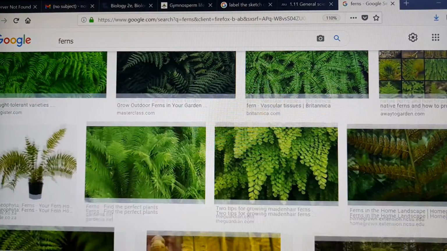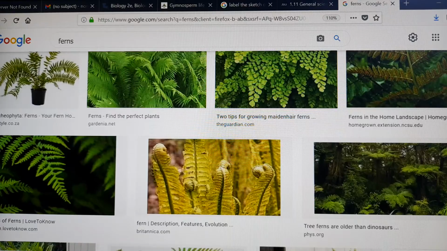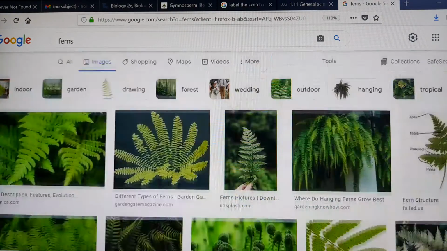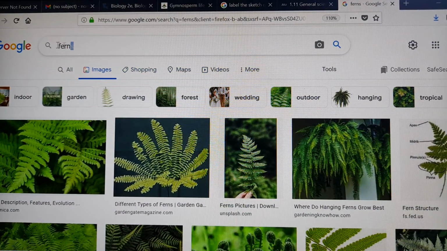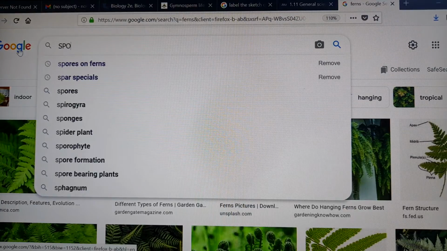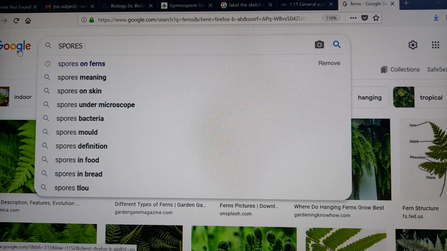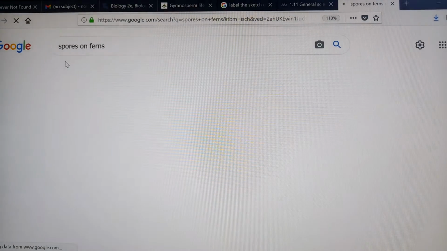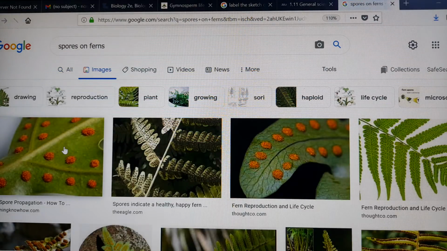This is the fern, and I want to show you the spores of the fern quickly. Spores on ferns, yes. They look like seeds, but they say they are not. They are unfertilized, so they cannot be seeds.